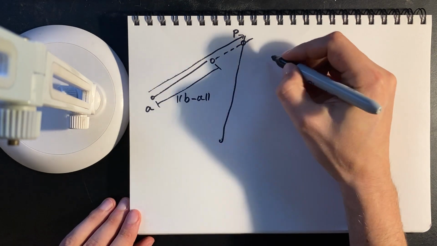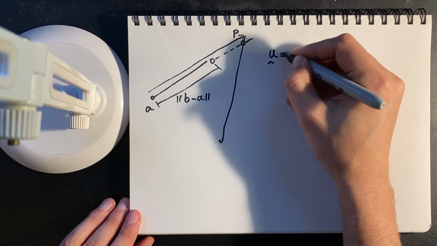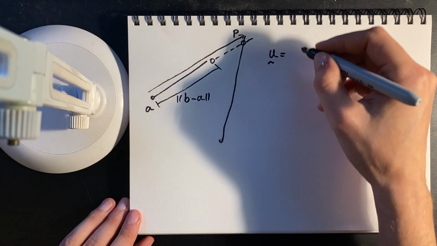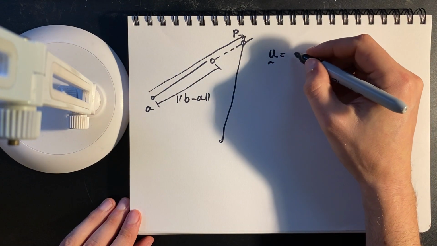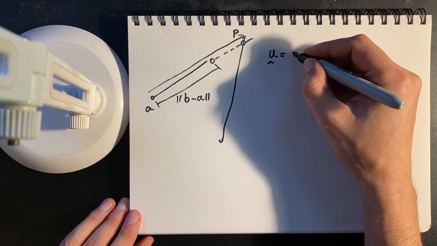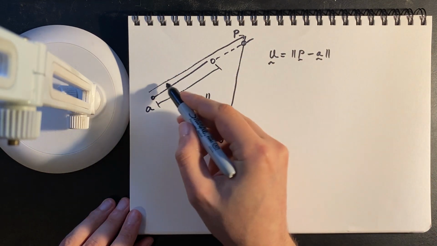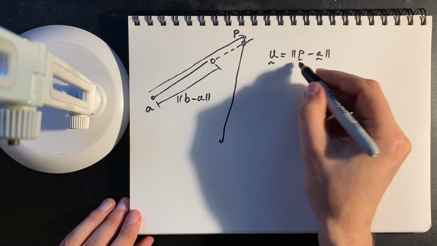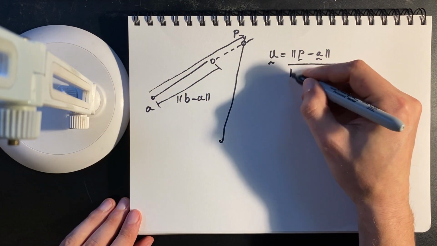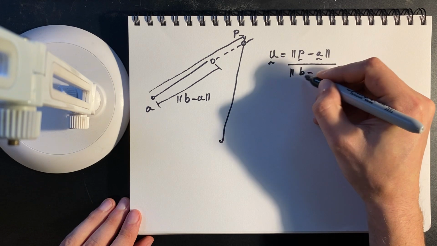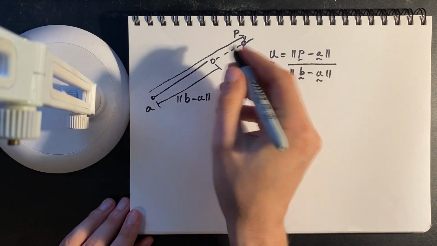Okay, so I'll call this parameter u, and this parameter is the length from the point to the origin of the wall, divided by the length of the wall.